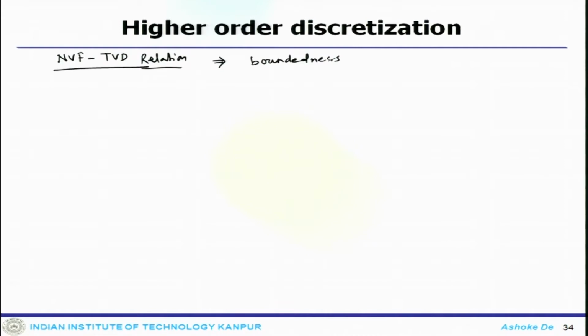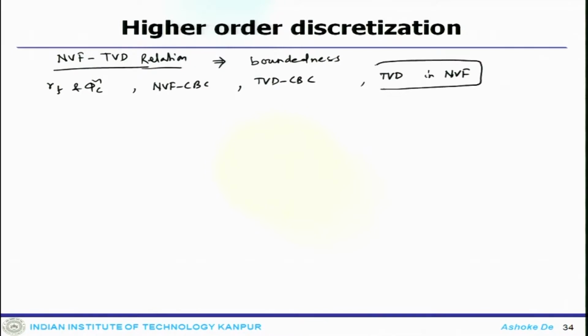So, one can achieve this relationship by first deriving a relation between RF and normalized phi tilde, then we can compare the NVF CBC with the TVD CBC, and then finally find the general transformation that allows the functional relationship of any TVD scheme to be written in NVF.